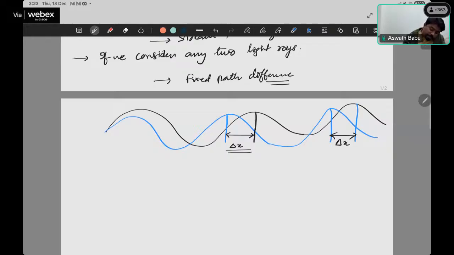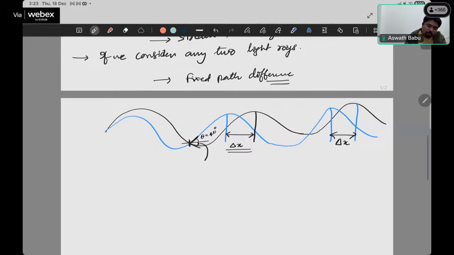If we just notice at a fixed point, let's say this ray is rising with respect to the x-axis at an angle theta of about 40 degrees, and the other one has a negative angle, let me take minus 40. So the blue ray is rising in the anticlockwise direction, and the black ray is going in a clockwise direction, minus 40.